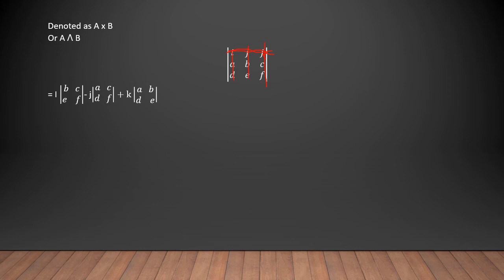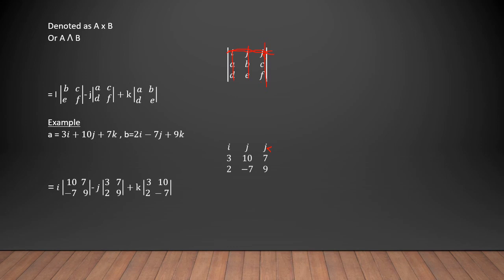Now we're going to see an example. We're given two vectors A and B to find the cross product. We do the same as I said. It was an error, we're going to simply replace it with a k here.